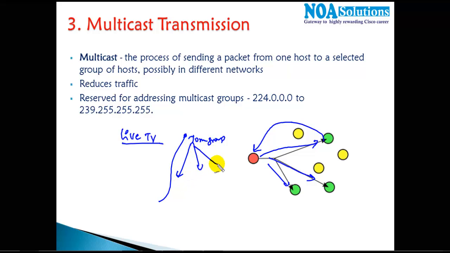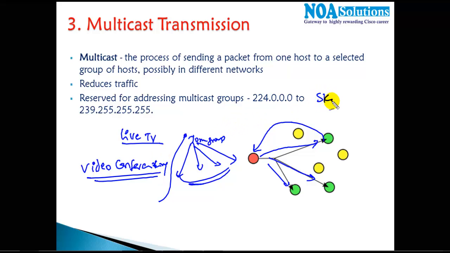At the same time, multiple users may also send a request, and only those users will get that multicast traffic. Or we can do video conferencing where only a set of users can join based on the request. Or if you use Skype or any other applications, they use some multicast traffic in the backend to enable and identify this kind of traffic.